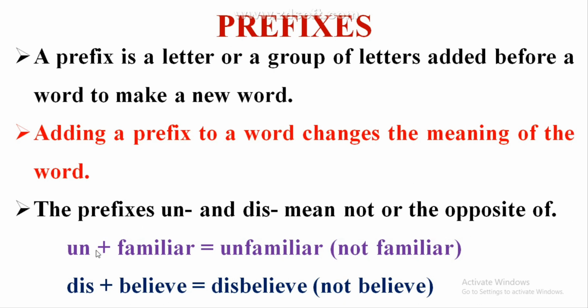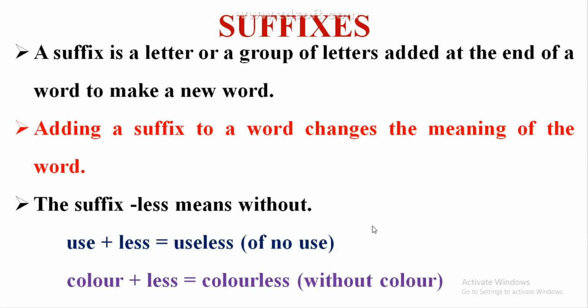Example, on adding un before the word familiar, it leads to the formation of the word unfamiliar, which means not familiar. Similarly, on adding dis before the word believe, it leads to the word disbelieve, which means not believe.